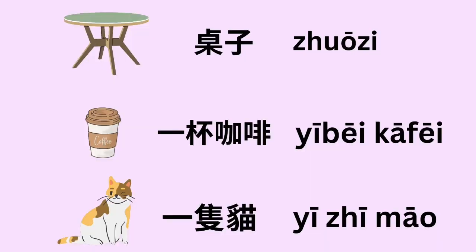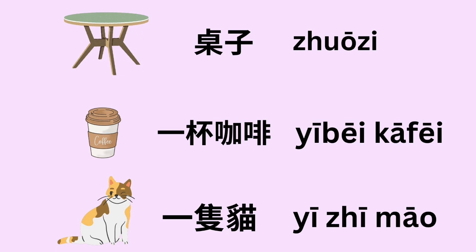You will have 桌子 table, desk, 桌子 and 一杯咖啡 a cup of coffee, 一杯咖啡 and 一只猫 a cat, 一只猫 is a measure word for cat.